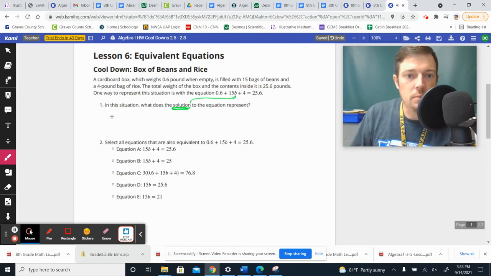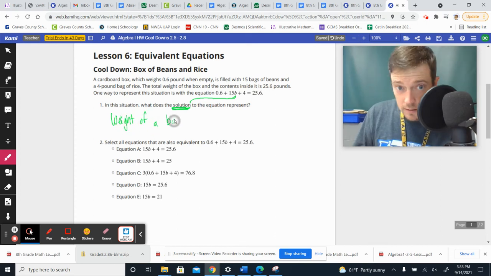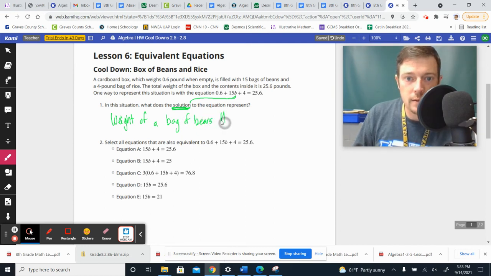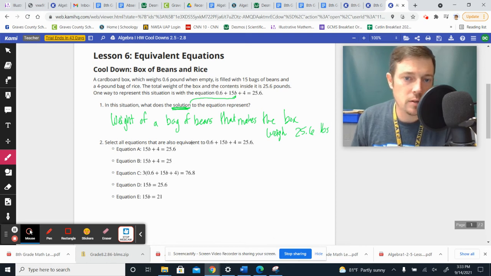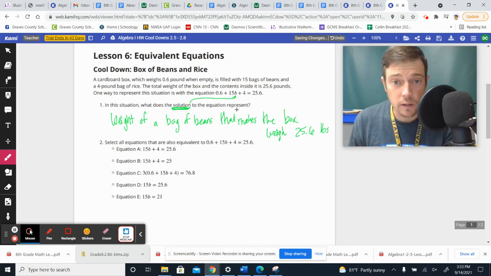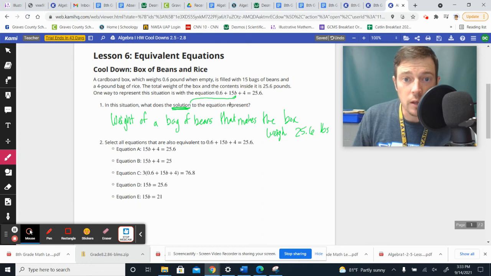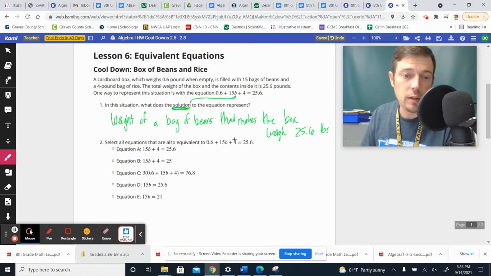So the solution would be the weight of a bag of beans that makes the box weigh 25.6 pounds. That's what the solution is going to tell us. And there's only one number that's going to make that work because there's only one variable in this equation. There's not two like we've seen in the past.